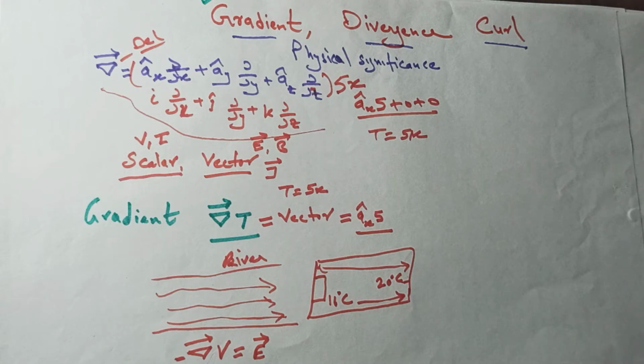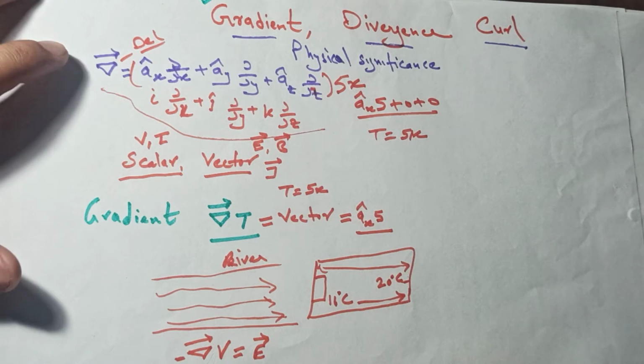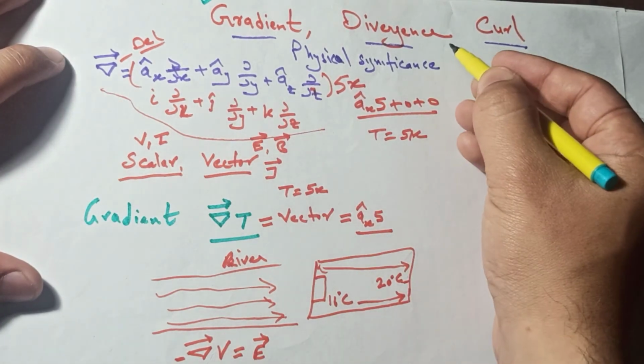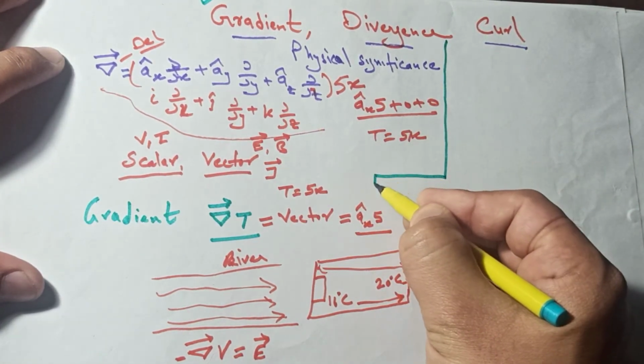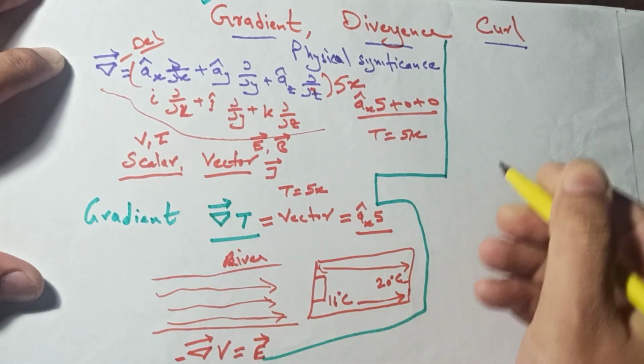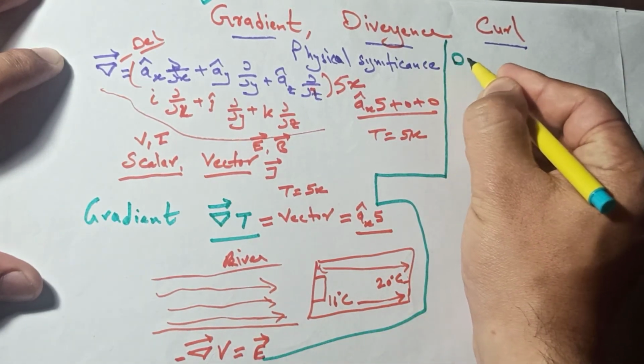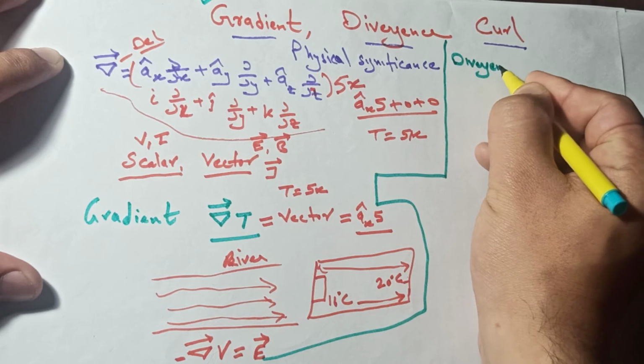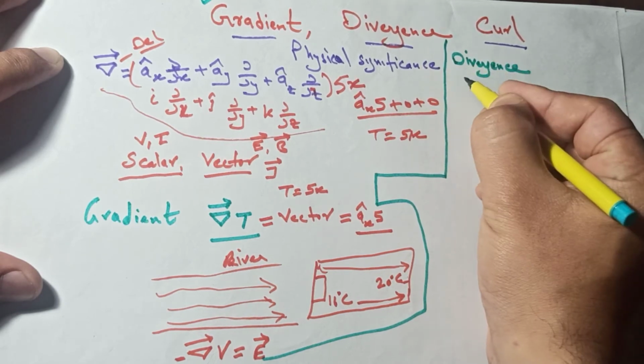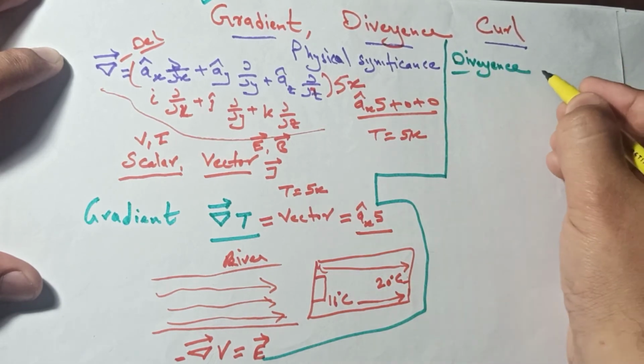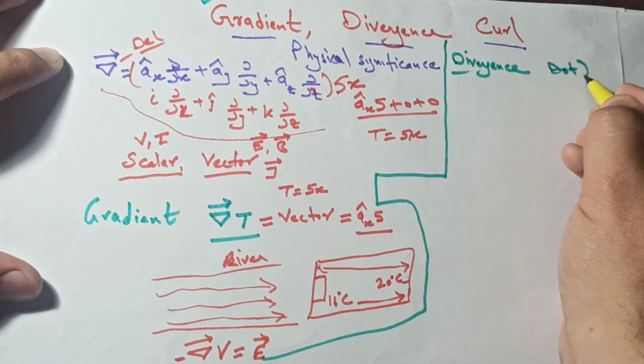Okay, now let us move to another one, that is the divergence. D for divergence, D for dot.